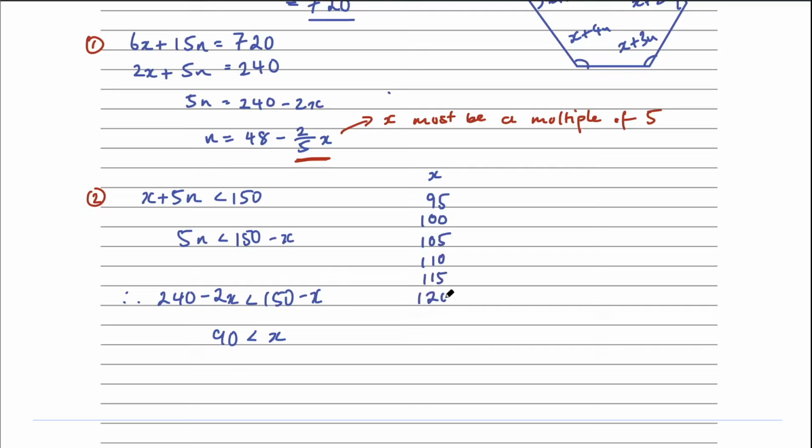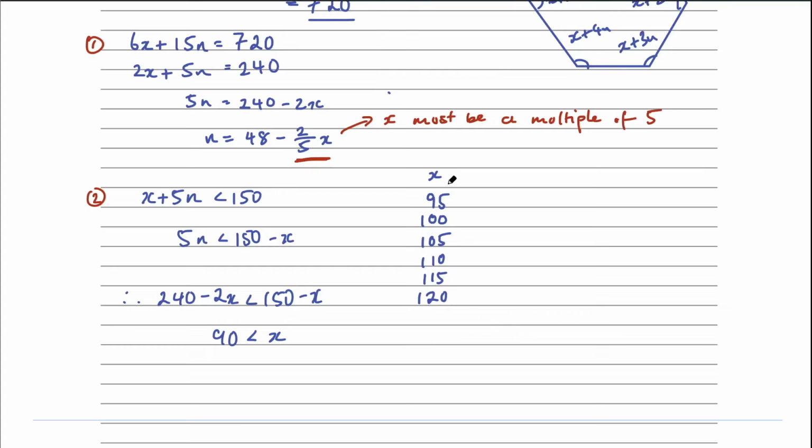Now I'm going to stop at 120. Why do you think I stop at 120? It's because 120 is the angle in a regular hexagon. If I go above this, there's no possible way I could have the angles in that hexagon adding up to 720. That would be more than that. So I'm going to stop at 120.